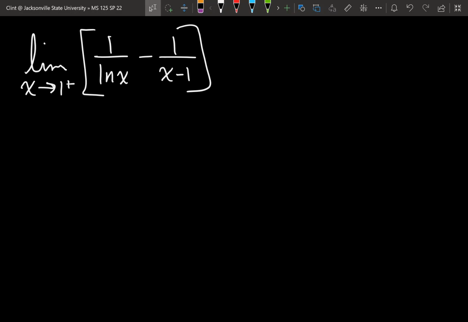Okay, so we're in an infinity minus infinity situation, and that is indeterminate. So one way we can go about this one is to get a common denominator.